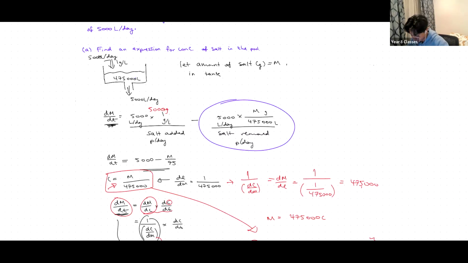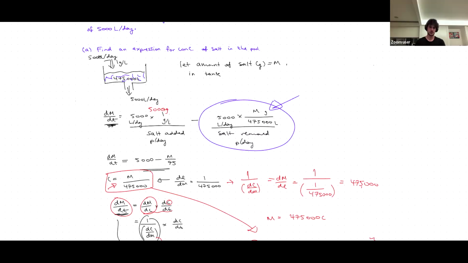So the assumption that we're going to make in this question, taking this concentration, is that it's uniformly mixed. That means we're assuming that everywhere in this pool has the same concentration of salt. That is the assumption we make to solve this question, which is why we don't have to worry about initially not having any salt coming out.